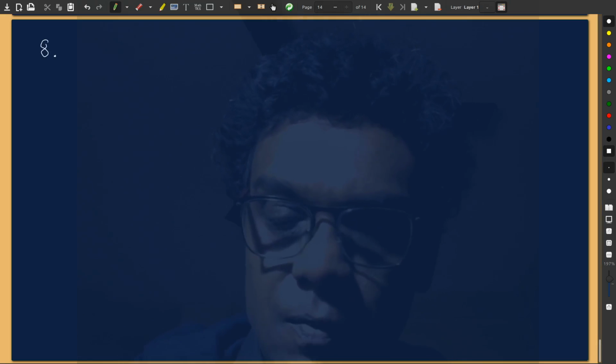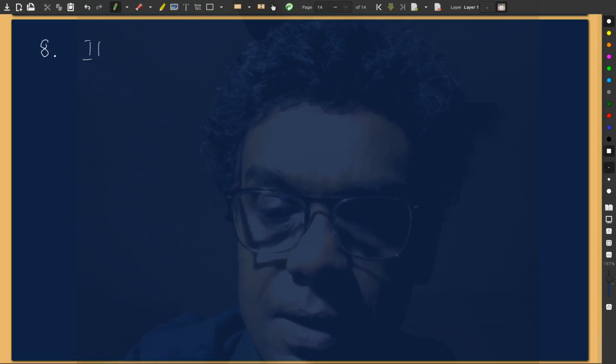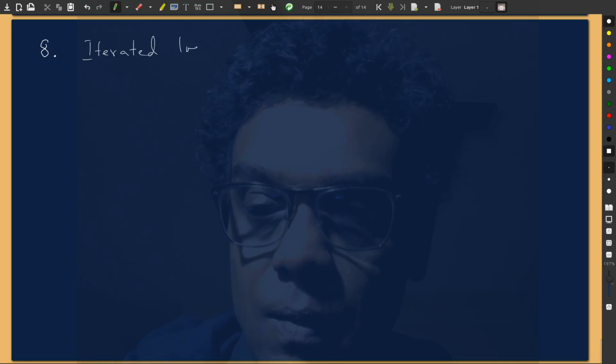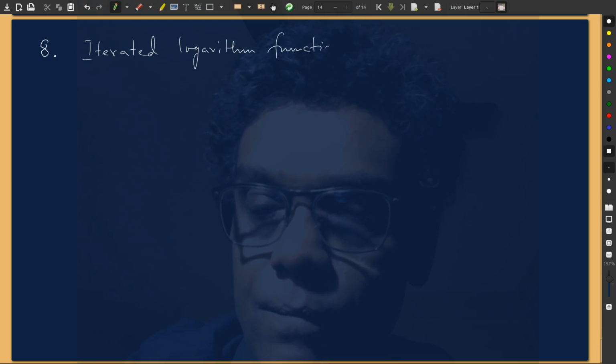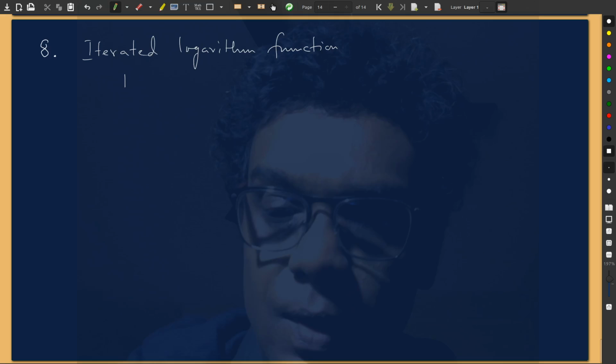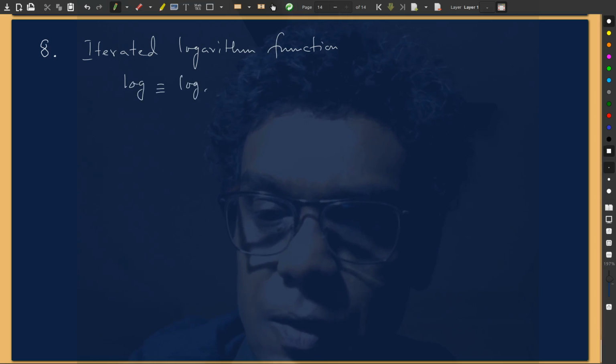Okay, but for that, let us look at the iterated logarithm function. Let us say, when I say log, I mean log to the base 2.